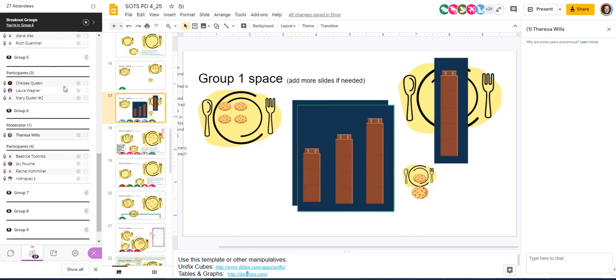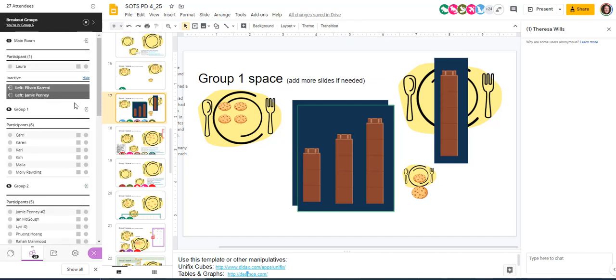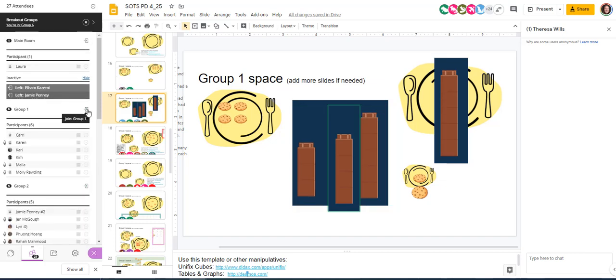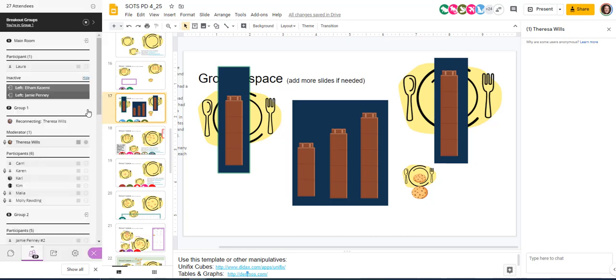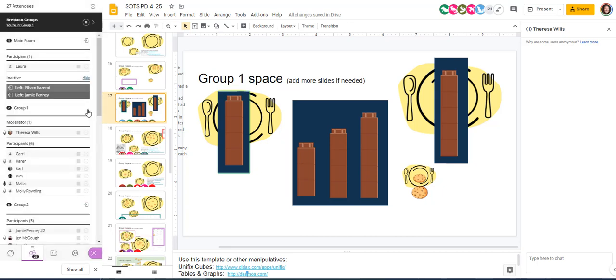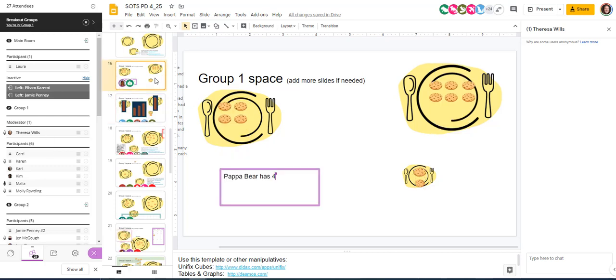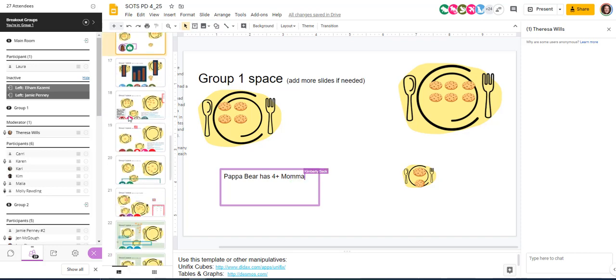There we go. Oh, you put, okay. Papa Bear has 5 and Mama Bear has 4 and Baby Bear has 3.